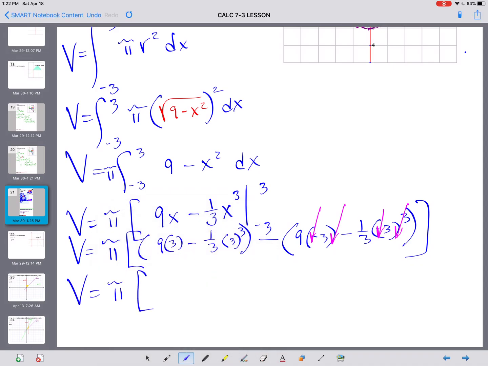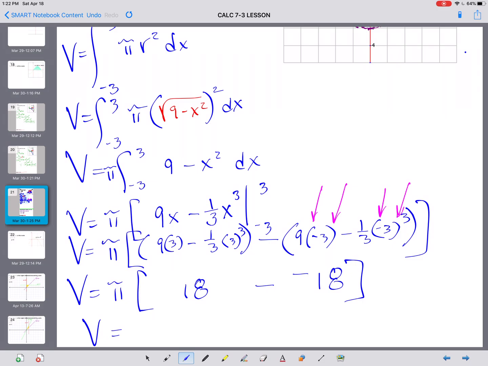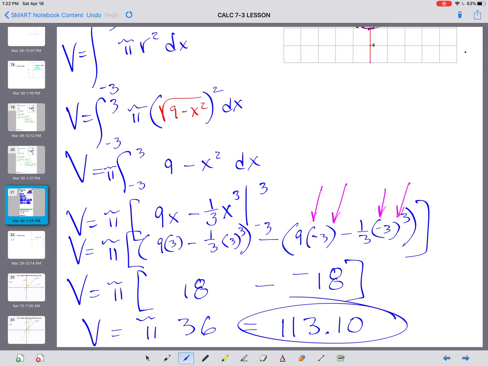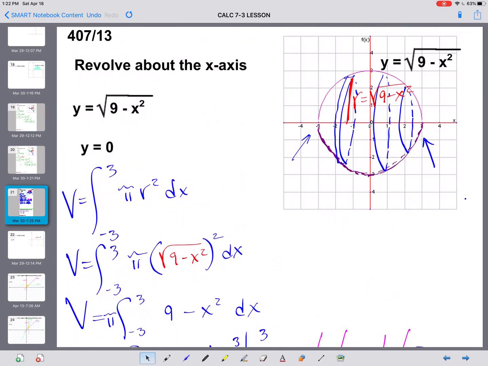In my calculator, this is 18, minus this right here, which is -18. So that's plus, and that's 36. Pi times 36, we multiply it out, we get 113.10. That is a sphere right there.